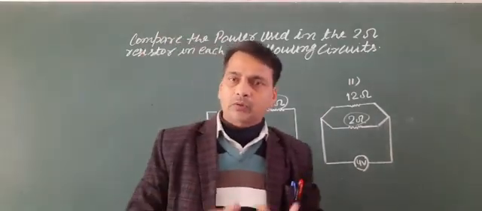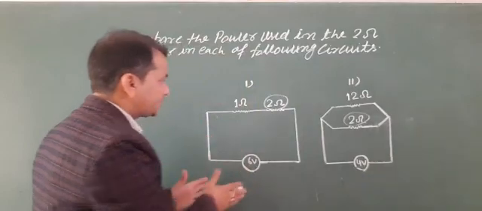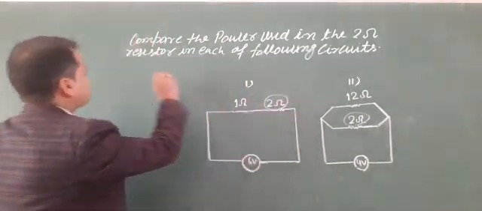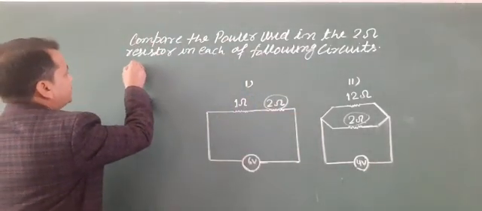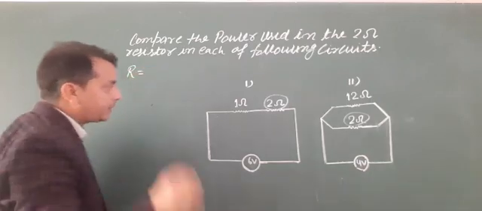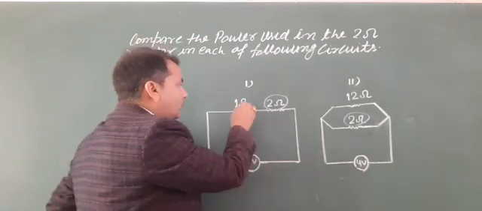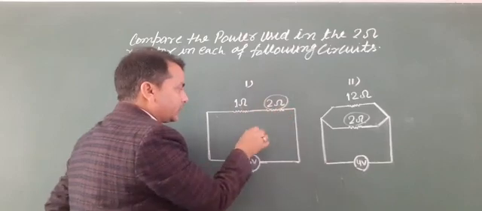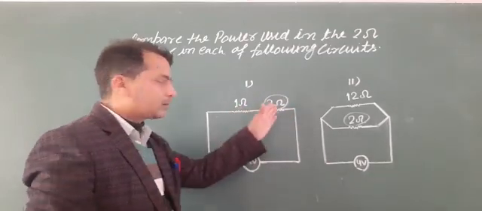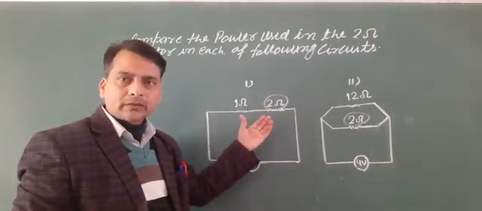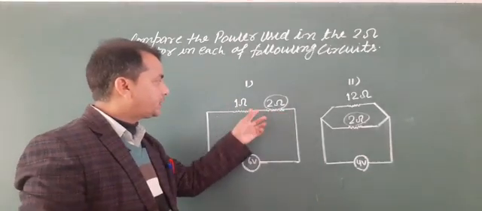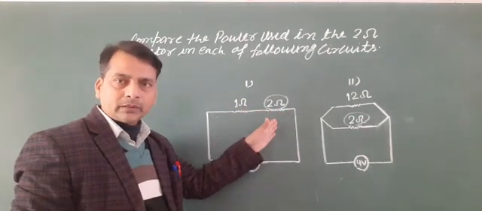Now let us suppose the total or effective resistance in this circuit is R, and here the 1 ohm and 2 ohm resistors are used. They are in series combination because they are connected end to end.